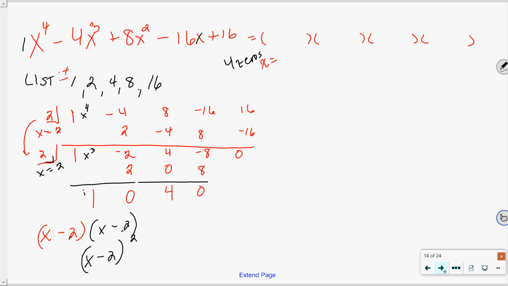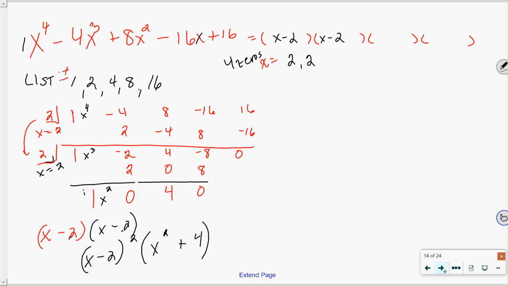Okay. So this is x squared. So we get x squared plus 4. So again, I'm kind of starting my factoring up here, right? I've got 2 factors. I've got 2 zeros.